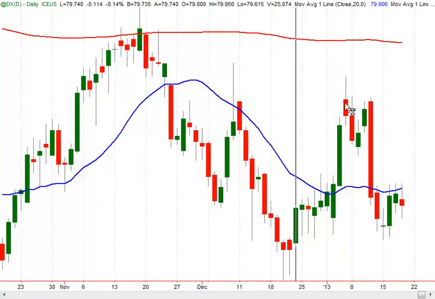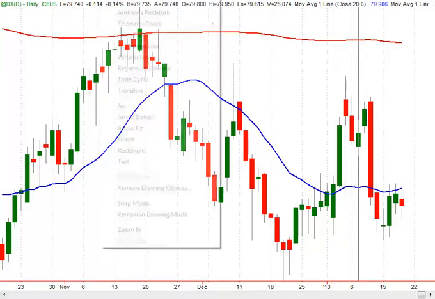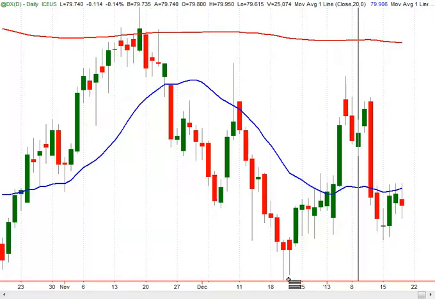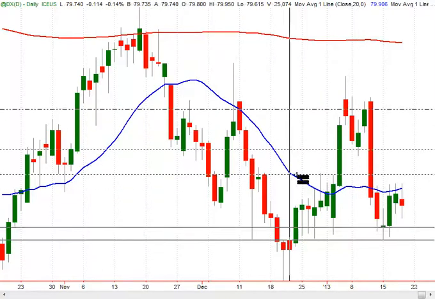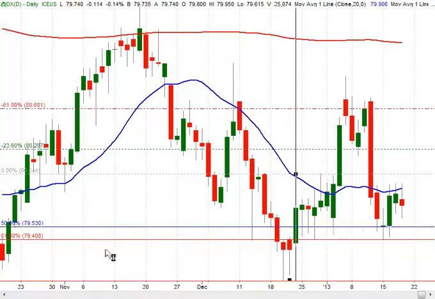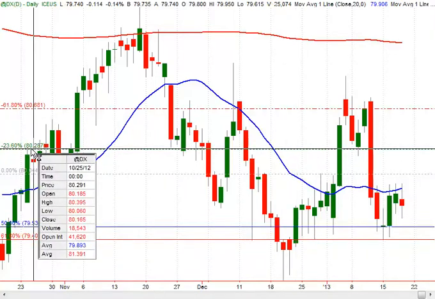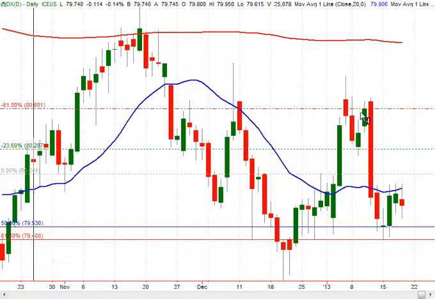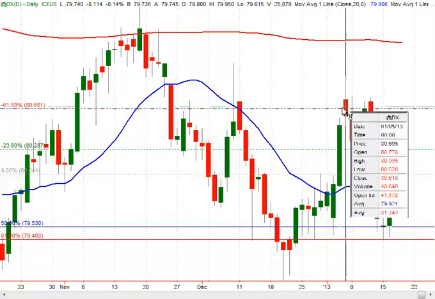Now, in this move there was a first traditional retracement, which offered support in the 79.50 area, and then hit the first target in 80.30 and the second target in 80.60 here.